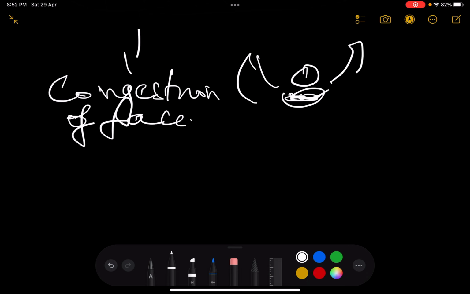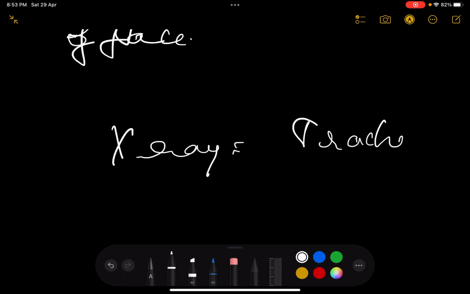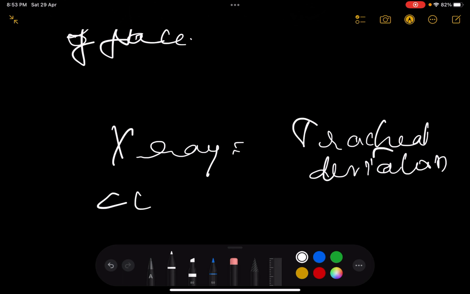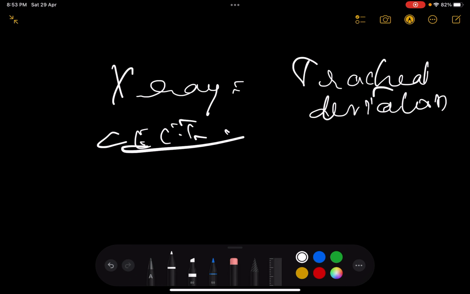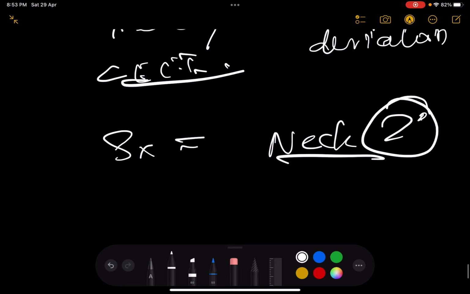Once that's done, we have to do an investigation. If you want to do an X-ray, you can check for a tracheal deviation, but tracheal deviation is not diagnostic of a retrosternal goiter. So that's why you need to do a CECT, and that's a direct answer. For treatment, obviously surgery: do a neck incision, mostly because it's a secondary goiter. If it's a secondary goiter, you can just pull it out.